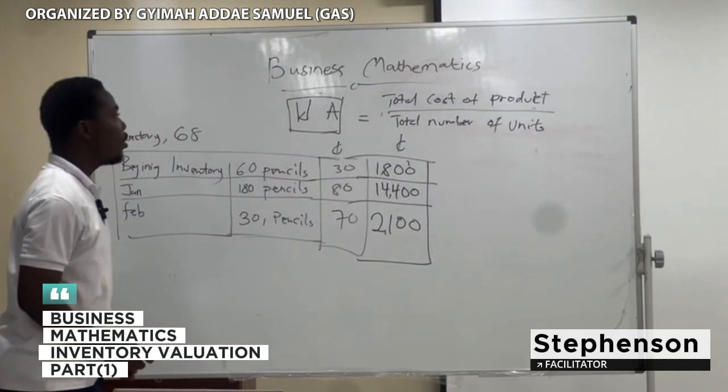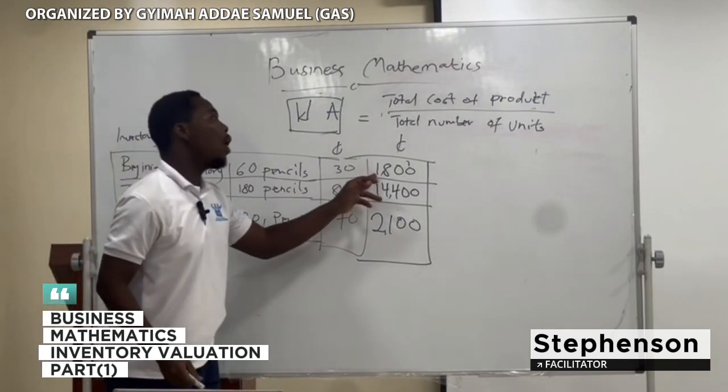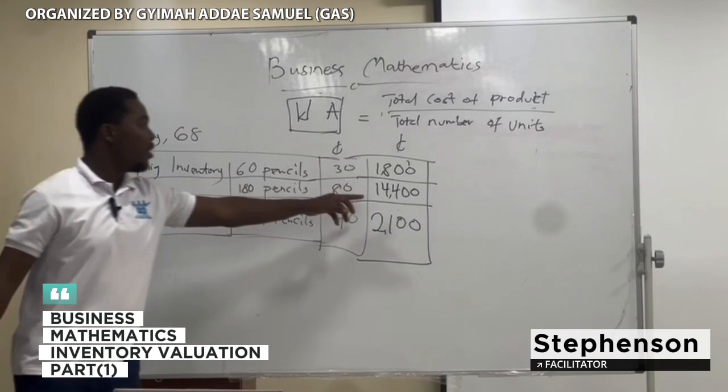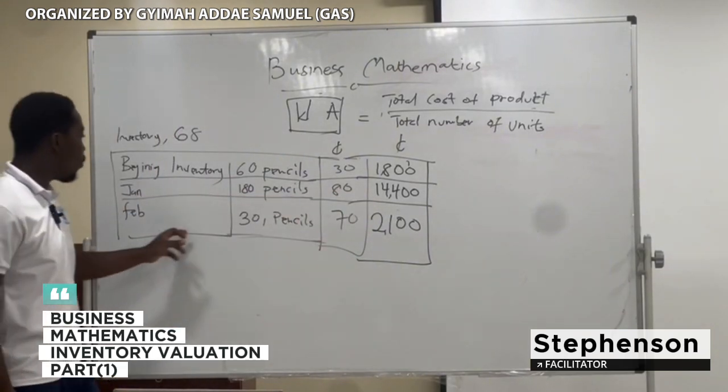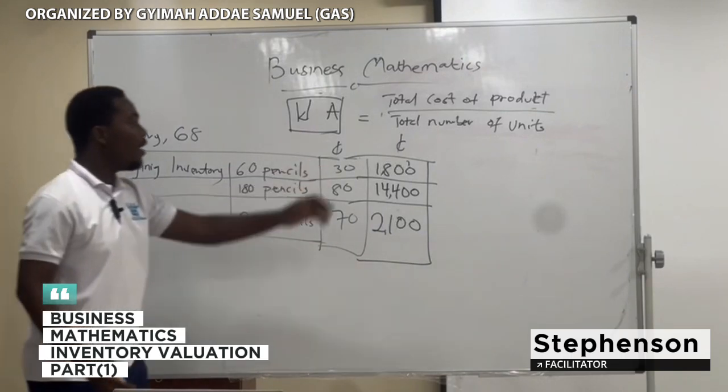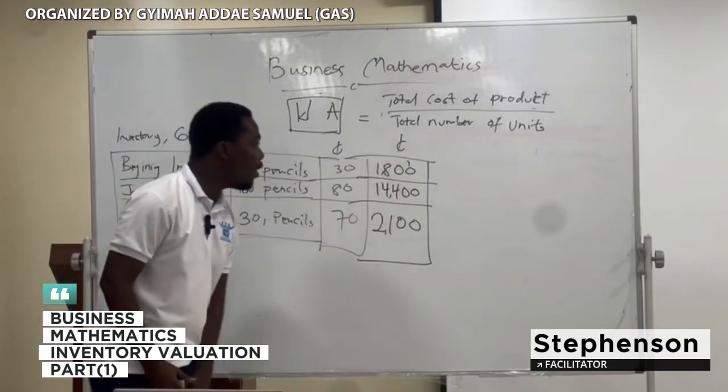This is our total cost for the beginning entry, this is our total cost for January, and this is our total cost for February. So what then is our total cost for everything here?